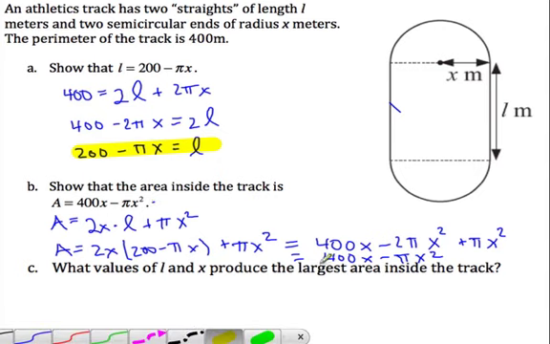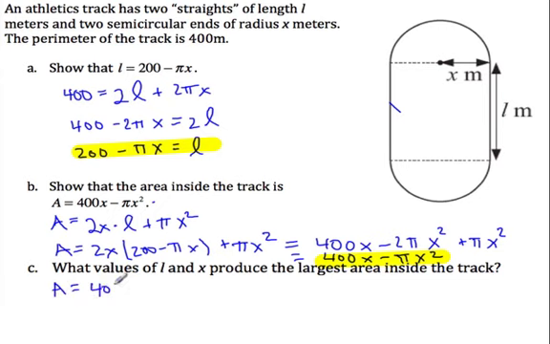Okay, so now we need to optimize the area. We want the largest possible area in the track. So area equals 400x minus pi x squared. A prime is equal to 400 minus 2 pi x.